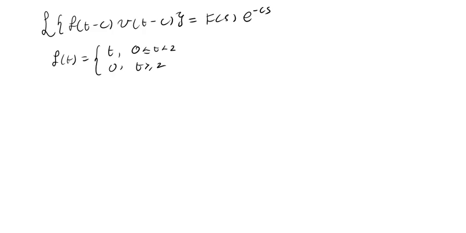Let's say you have your f of t equal to two functions of t, a and b. This part that I'm about to show is very, very important. It's going to simplify your work when it comes to writing functions as unit step functions.